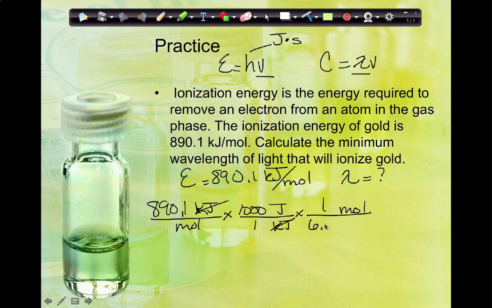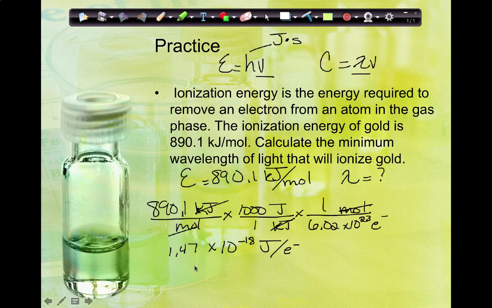Well, it should be 6.02 times 10 to the 23rd electrons. All right, so I go through this, and remember, moles is on top right here. That's why we need to cancel out that mole, so the electron's on the bottom. So when I convert and do this, I'm going to get 1.47 times 10 to the negative 18th joules. And this is per electron.